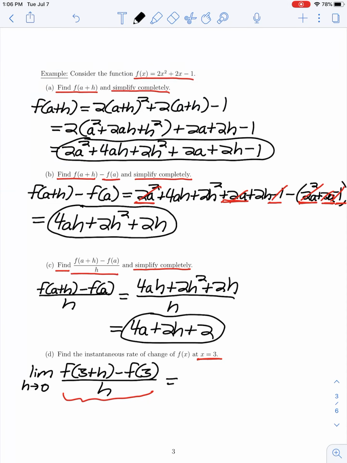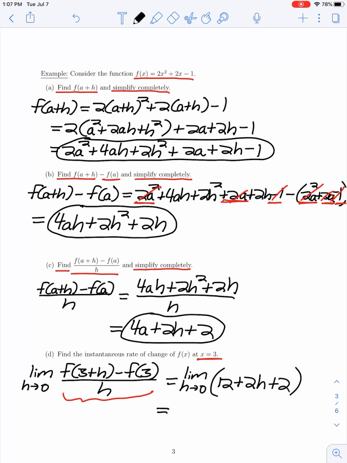So using the work that we had found in the previous parts of this example, we have the limit as h approaches 0 of, from part C, we had 4 times a, so if a is 3, we have 12, plus 2h plus 2.